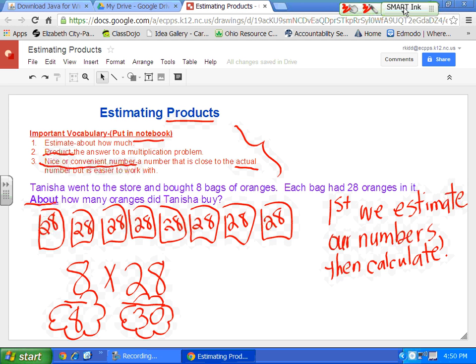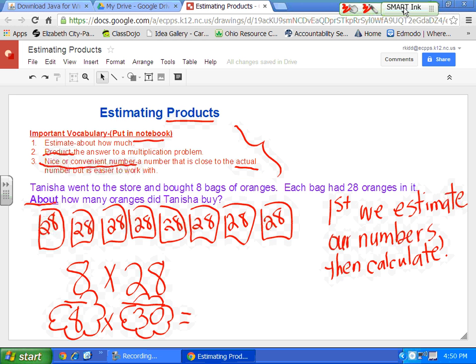So now, how does this help us find the about? Well, we know that 30 is very close to 28. So if I multiply 8 times 30, then I will have a very close estimate to about how many oranges are in all those bags.